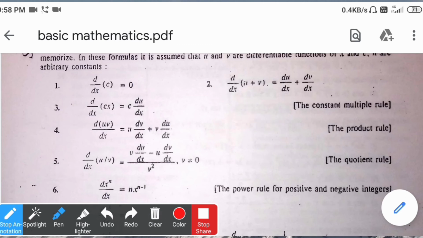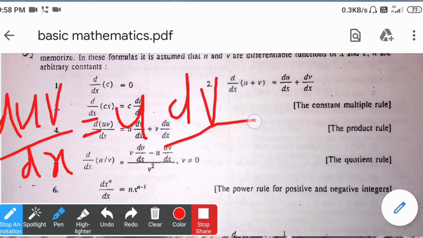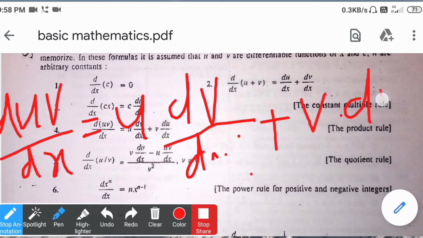Suppose we are having the two functions u and v, and if you want to derivatize these two functions with respect to x, then what is the formula? We first take the first function as a constant, then derivatize the second function with respect to x, then plus we will now make the second function a constant and derivatize the first function with respect to x.